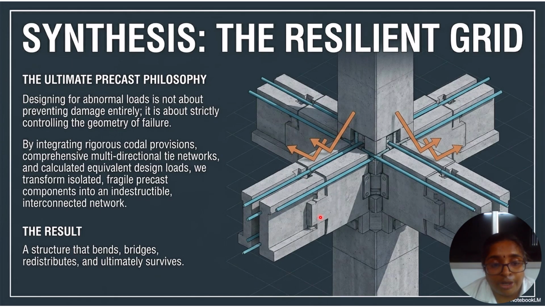We transform isolated fragile precast components into an indestructible interconnected network. So the result is a structure that bends, bridges and redistributes, and ultimately survives. So with this we can end this lecture session. Thank you for watching.